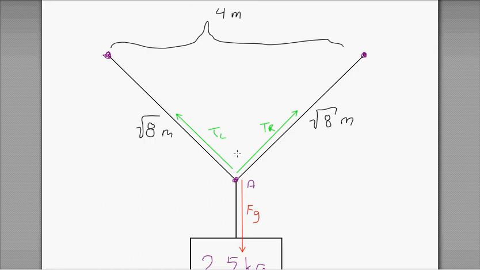Now, something to remember from adding up forces, guys, is that you can add up the components as well, and they should add up to your resultant. So in this case, our resultant is 0. When we take these three forces, TL plus TR plus Fg, we should get a resultant. And in this case, our resultant equals 0.